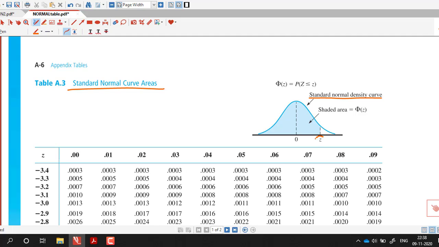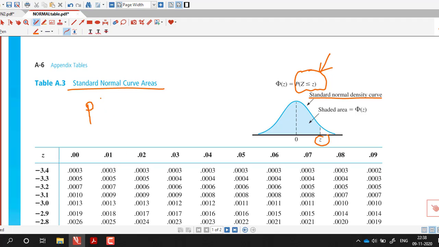If we consider this small z, then the area to the left of z is nothing but probability that capital Z is less than or equal to small z. So these table values are given for this type of probabilities. These values represent the area to the left of z.